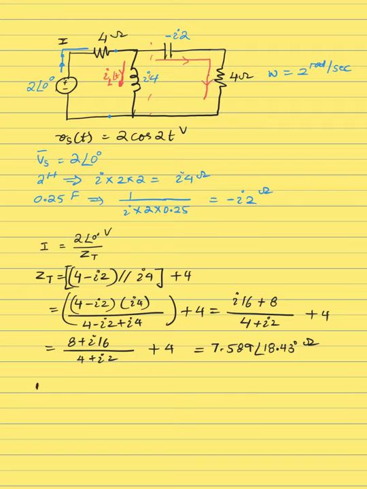Then I'm going to say the current supplied by the source I is given by 2 at an angle 0, the voltage, divided by the total impedance. Volts over ohms. So what is the value coming to? 2 divided by 7.589.